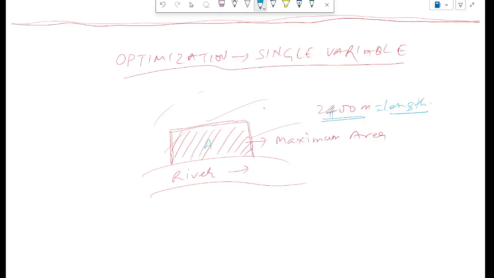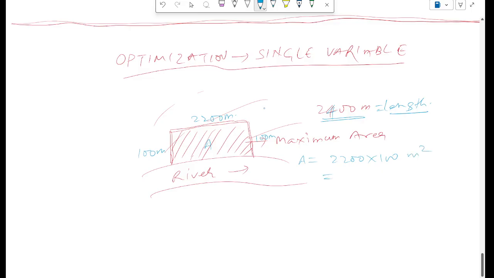I will give you an example. Let's say we choose 100 meter for the width. 100 meter will go this side also, and rest 2200 meter will go here in length. So, what will be the area now? Suppose the fence is rectangular or a square. The fence cannot be of circular or any other shape. Area will become 2200 into 100 meter square.